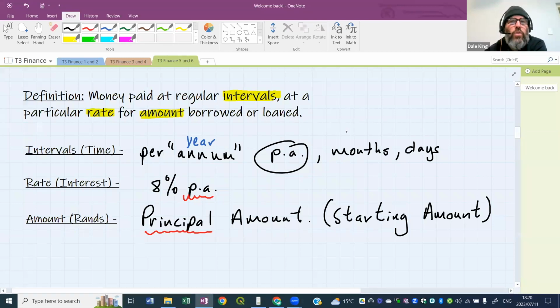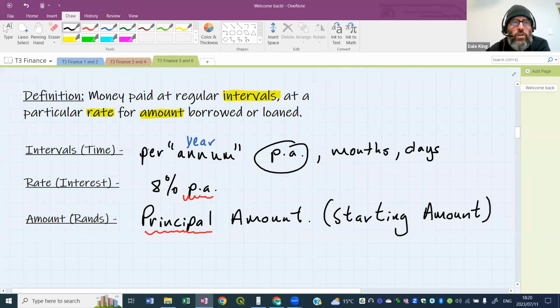It's the amount that you start with and you put into the bank account, or it's the amount that you're going to borrow from the bank. That principal amount will change based on the interest rate and the calculation that gets done. So you start with an amount and then it changes after that. All right. It usually grows. So the principal amount is your starting amount.